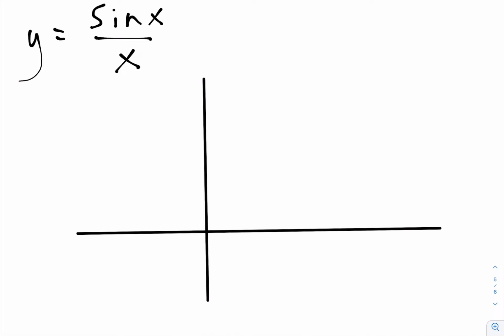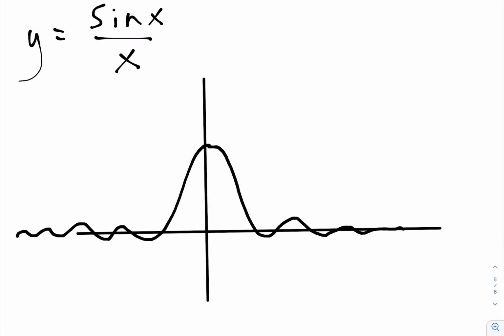It's going to oscillate back and forth. I'll draw it a bit better. It's going to flatten out and get bigger once we come here, and come upwards, come back down, and flatten out once again. It's a weird looking graph.